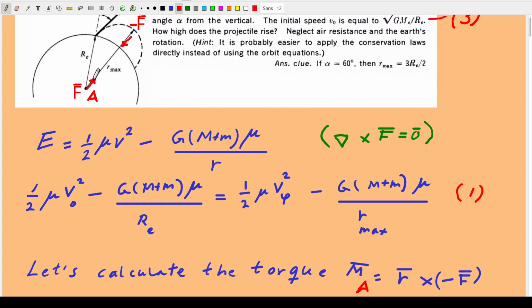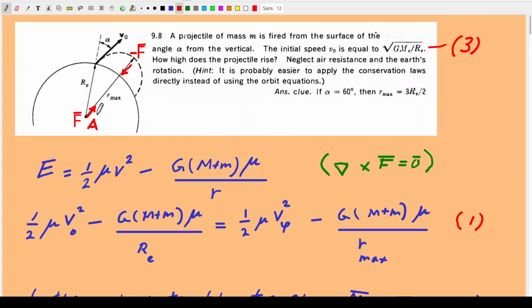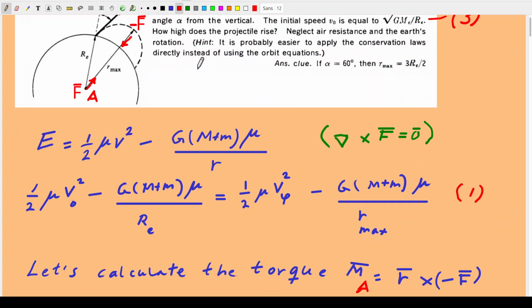So there is a force here, but the position vector r is 0 because we placed the origin here. So it doesn't contribute to the torque with respect to the point A. Then we go here, and you have a vector r, for example, here, and then a force back for the projectile, or the reduced mass.